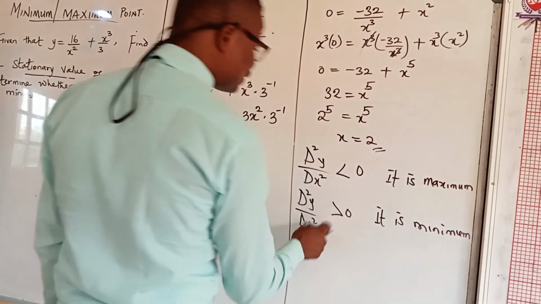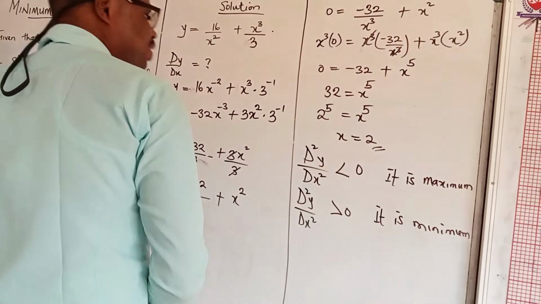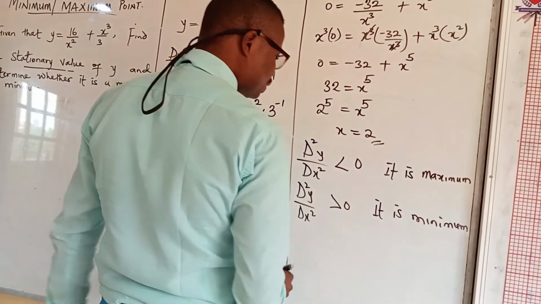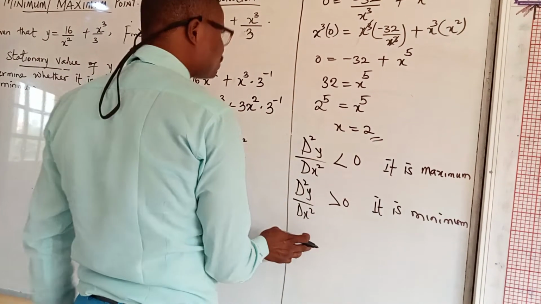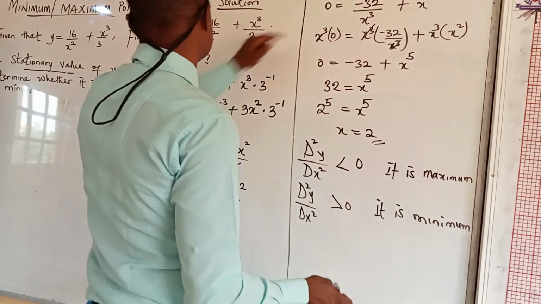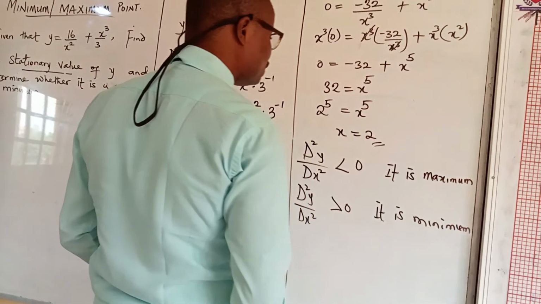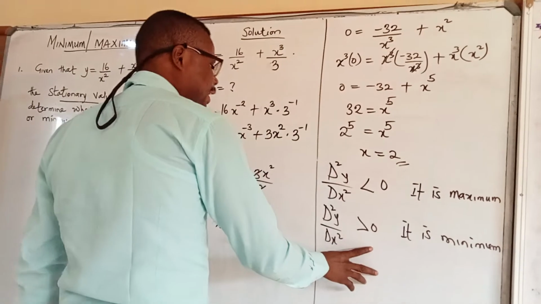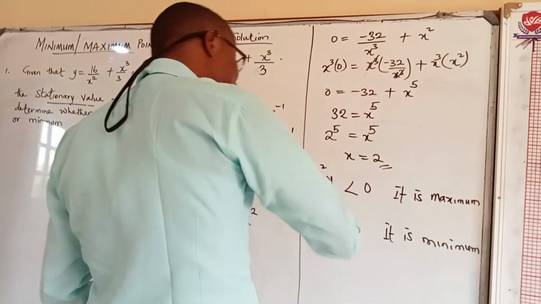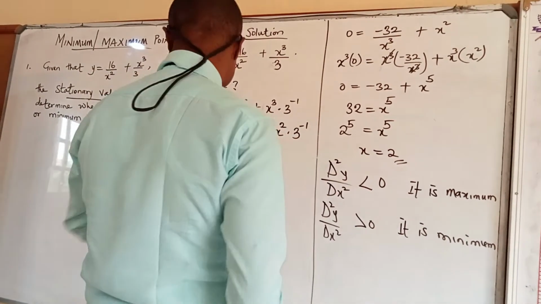But what if it is equal to 0? It is called the point of inflection. So here now, we want to differentiate the first derivative again.